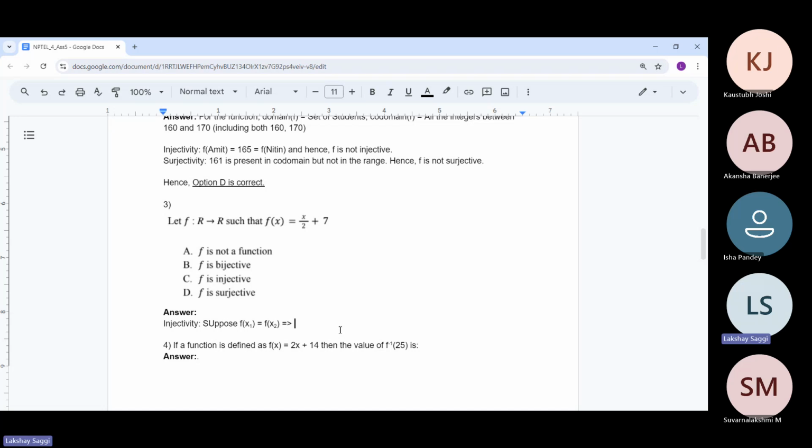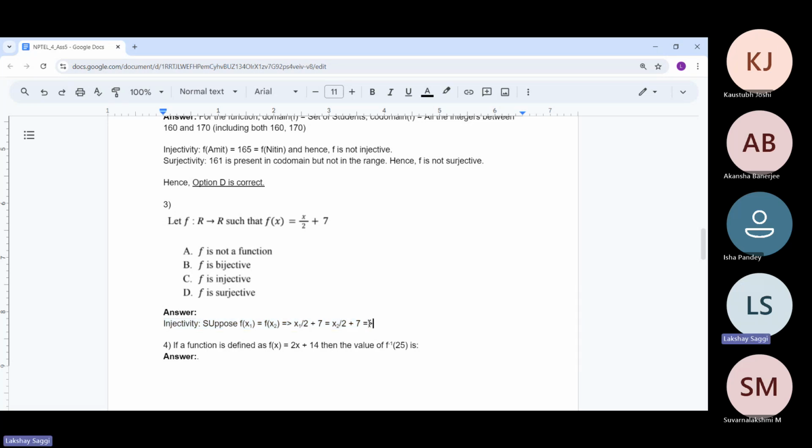This implies, so we just plug in the values. f of x1 will be x1 by 2 plus 7, so this will mean that x1 by 2 plus 7 is equal to f of x2, which will be x2 by 2 plus 7. And from this, we can deduct 7 from both sides and multiply by 2, and we'll get that x1 will be equal to x2.